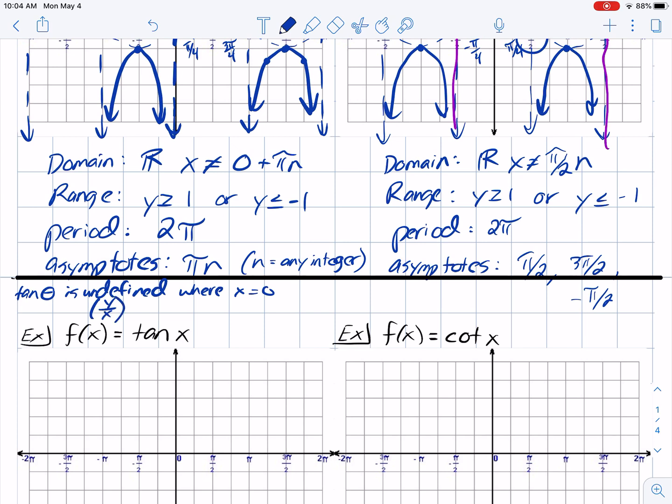So two places where x equals 0 that we listed up above would be pi over 2 and 3 pi over 2.